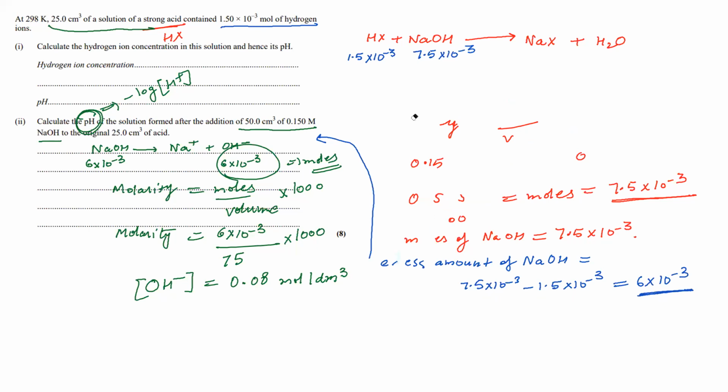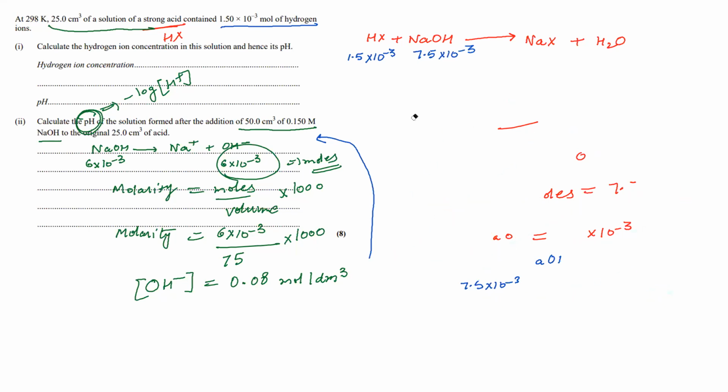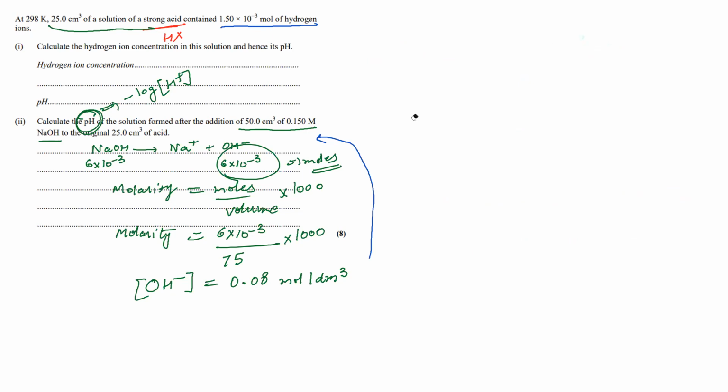See the temperature. What temperature do we have? The reaction is taking place at 298 Kelvin, which is 25 degrees Celsius. You know that Kw at 25 degrees Celsius is 10^-14. Okay. So Kw equals the H+ concentration times the concentration of OH-.